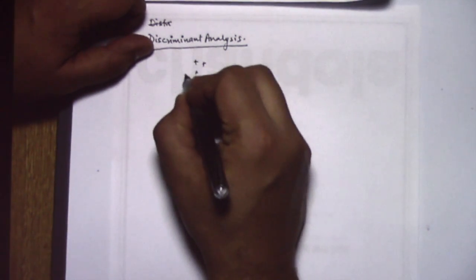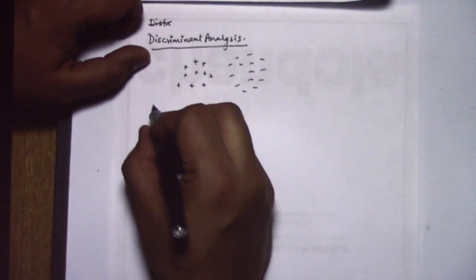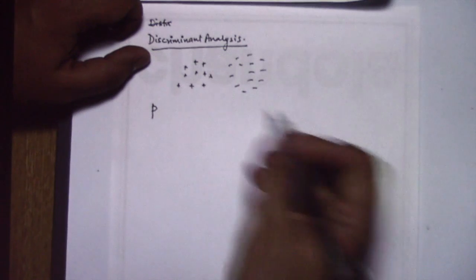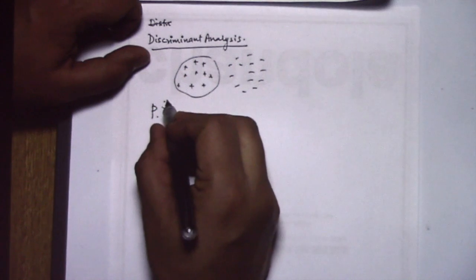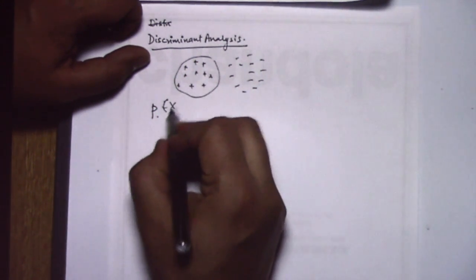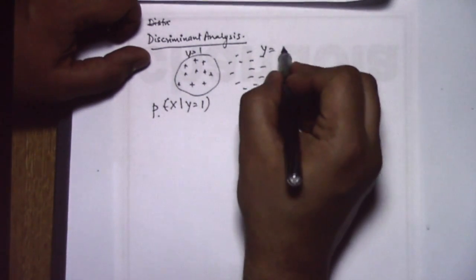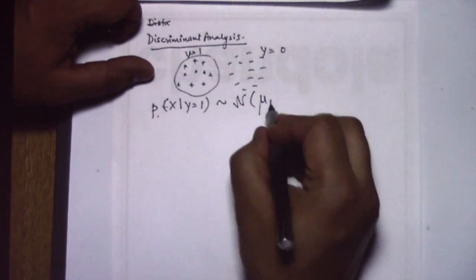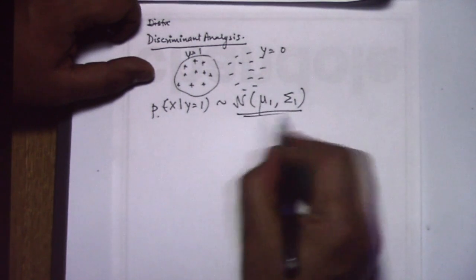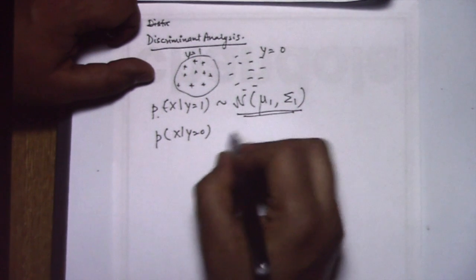We have class A, and you had some other class B. We computed two probability distributions, one for only the positive class, or the first class, given as the probability of x given y equal to 1. So let's call this y equal to 1. The probability of x given y equal to 1 is a normal distribution with some mean and some covariance, and this you can estimate. And the other one, you said y equal to 0.